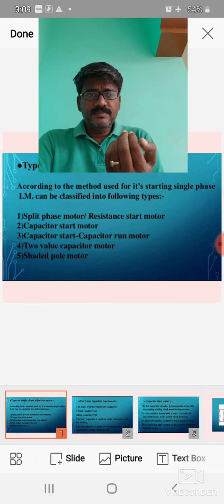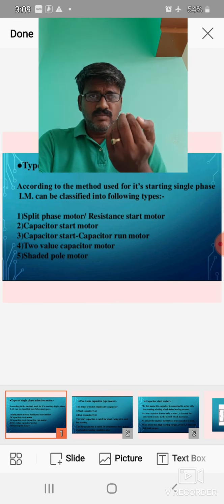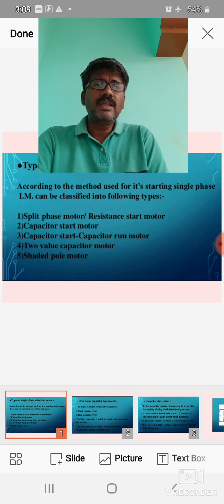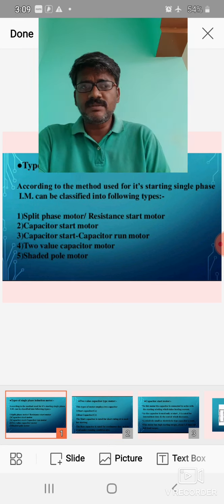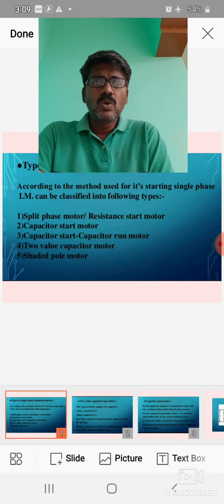If you want more torque, then we use a split phase motor, or resistance start motor, where we require only 50% to 100% of full load torque.